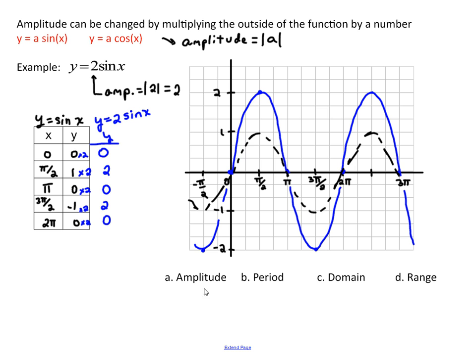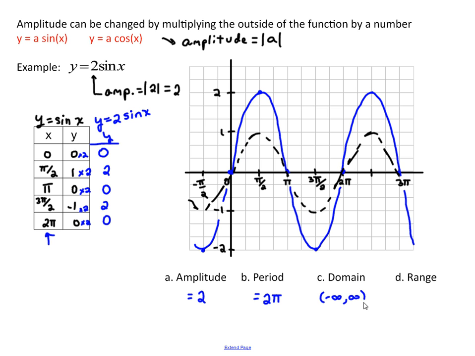Okay, so what would we say right here? Well, the value for the amplitude is the absolute value of 2, so we said it's 2. The period, we didn't change that. One full cycle is completed within 2 pi, so we say our period is 2 pi. For the domain, we look for all the possible x values that we could put into the function, and we find it is still negative to positive infinity.